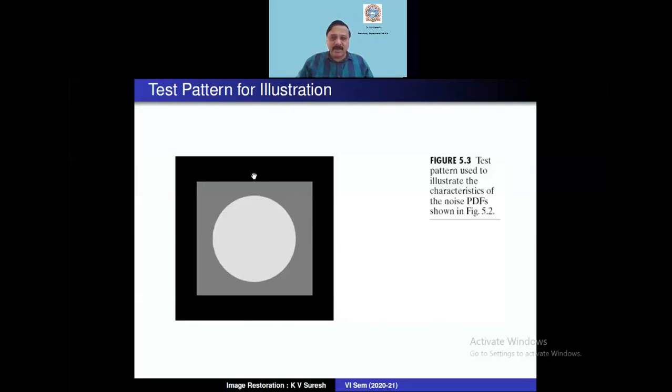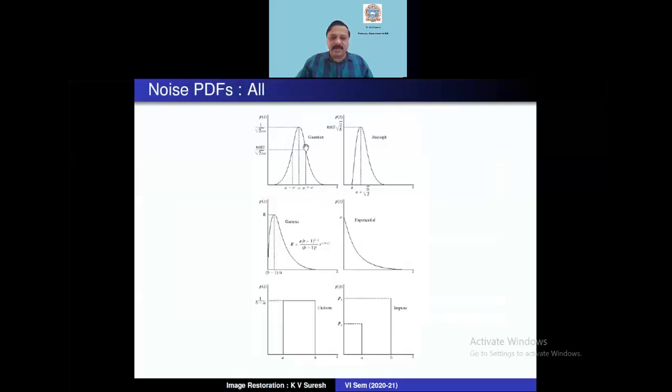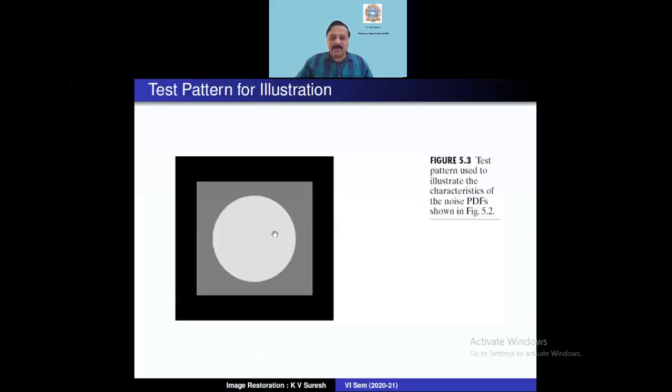In the last class we discussed Gaussian noise, Rayleigh noise, gamma, exponential noise, salt and pepper noise, and uniform noise. MATLAB has commands to generate all these types of noise. I can show the simulation later.